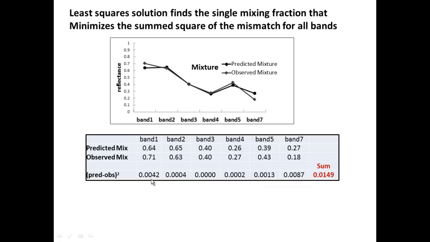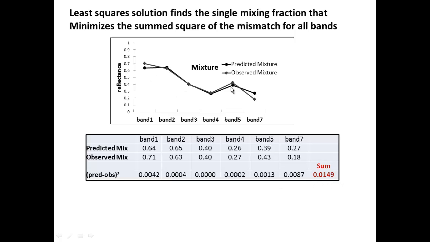That's this row of data down here. Then it sums those squared differences across all the bands. One way to do this is by trial and error. Try a bunch of different predicted mixtures and see which one gives you the lowest summed square of the differences here. And that's called a least squares fit.